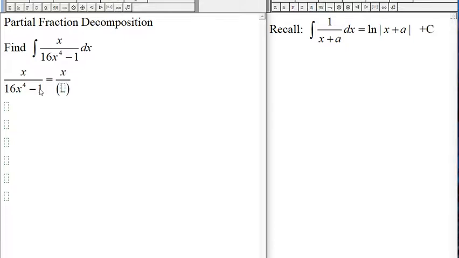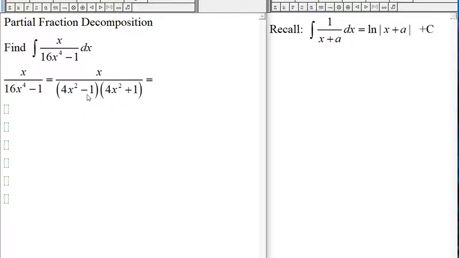So we can do 4x squared minus 1, and then 4x squared plus 1.